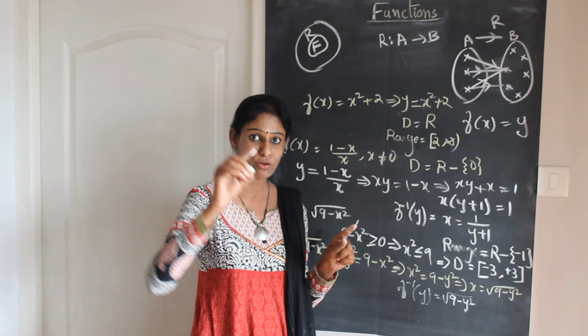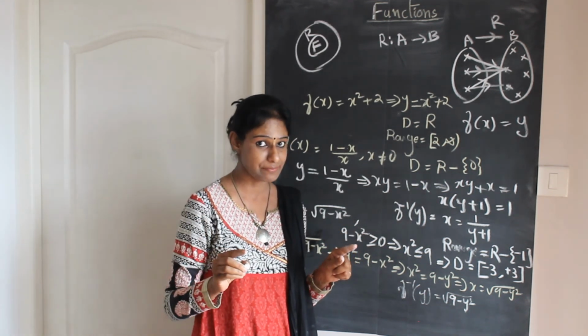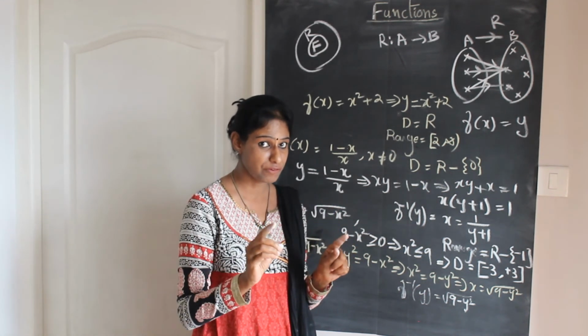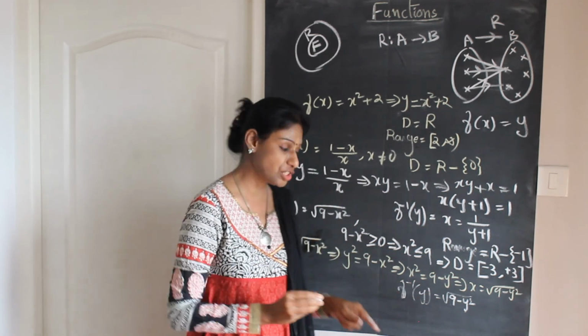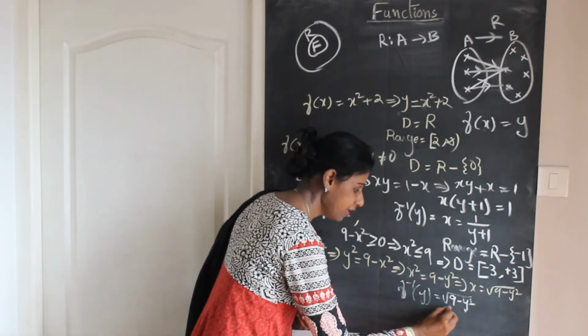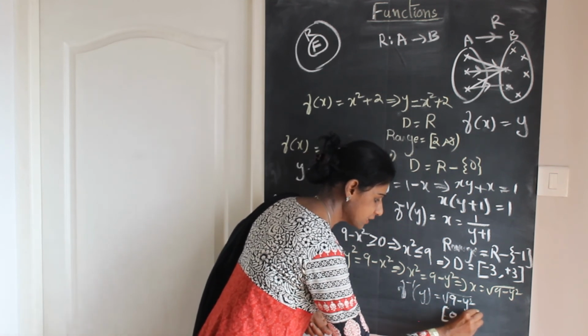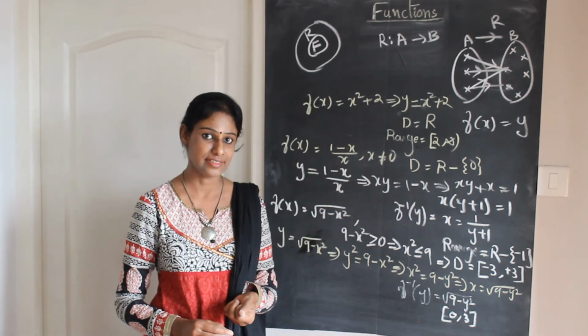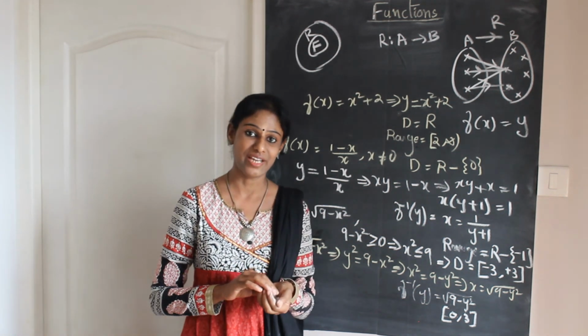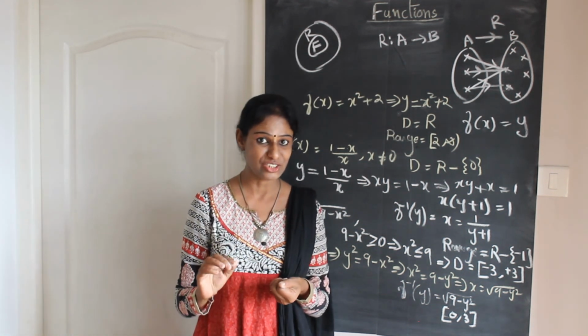So root 1 will go to minus 1 and plus 1 as well, which is not possible for a function. So take only the positive values. That means y will be from the closed interval 0 to plus 3 only. That is your range. So this is the method of calculating the domain and range of a function.